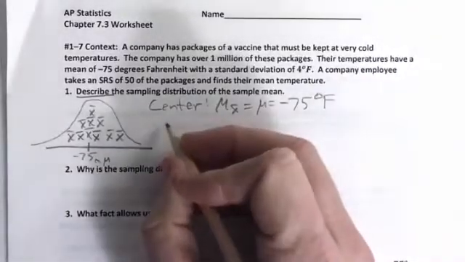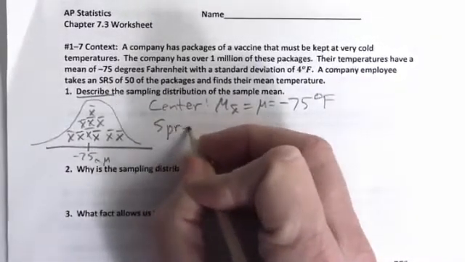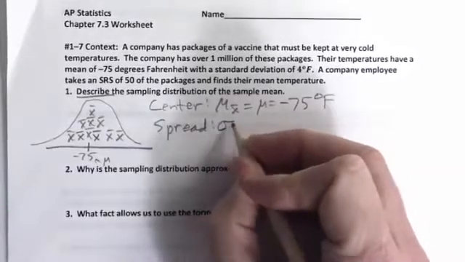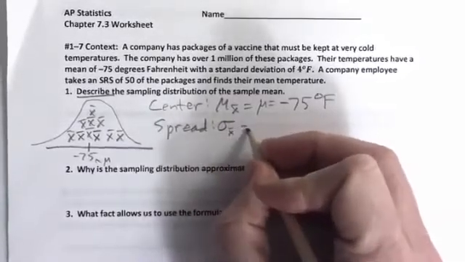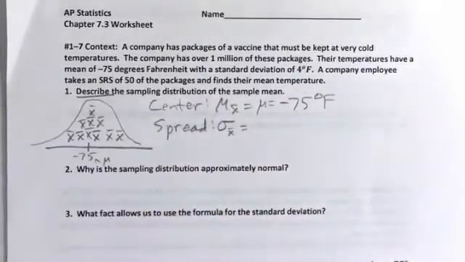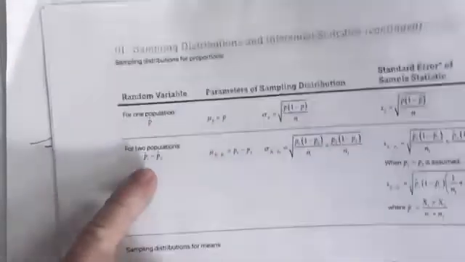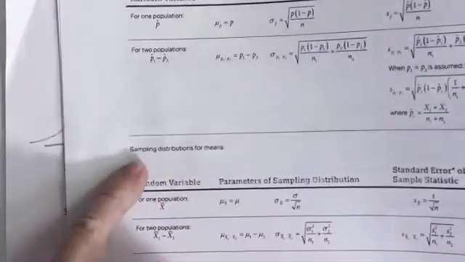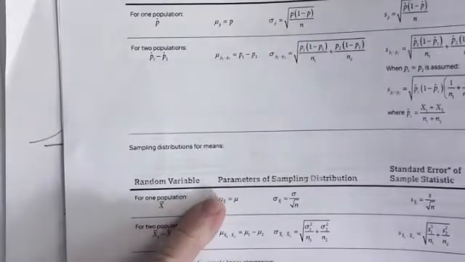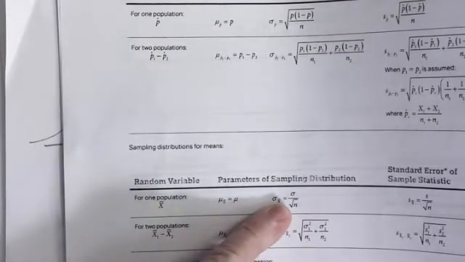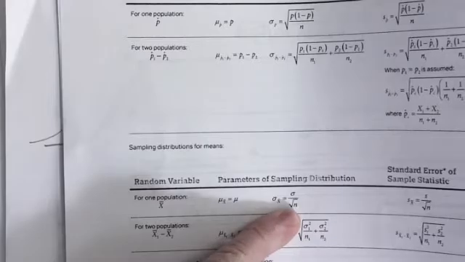All right, let's talk about the spread. The spread of the distribution is described by the standard deviation of the x bars. If you look at your formula sheet, this is the sampling distribution part, sampling distribution for means. The mean of the x bars is equal to mu. The standard deviation of the x bars is equal to sigma over the square root of n.